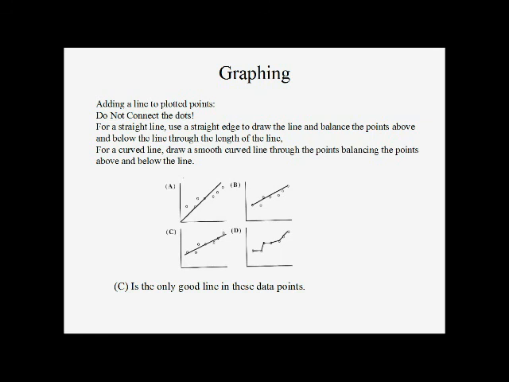When we graph, we set up the graph, we set up the axis, then we're going to have a series of data points. We put the data points on the graph so that it matches the data points.